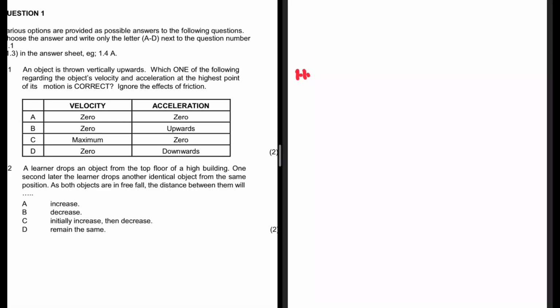So we're interested in the velocity and acceleration at the highest point, at the maximum height, right? We know fully well that at the maximum height, the velocity is equal to 0. But the acceleration of a projectile is always 9.8 meters per second squared downwards.